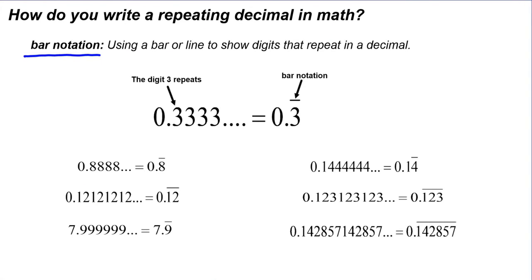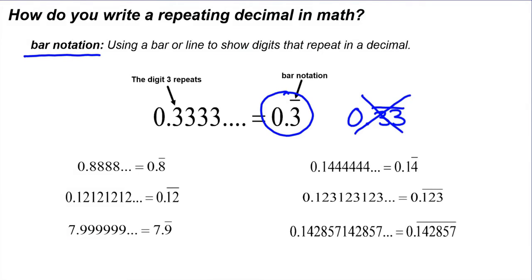That's what repeats over and over again. So we can just write a single 3 with a bar over it, just like this, 0.3 repeating. Now I have some 7th graders that will write the 3 repeated and then put a bar over both of those. That is not how we write it. You only have to write the digit that repeats once with the line over it.